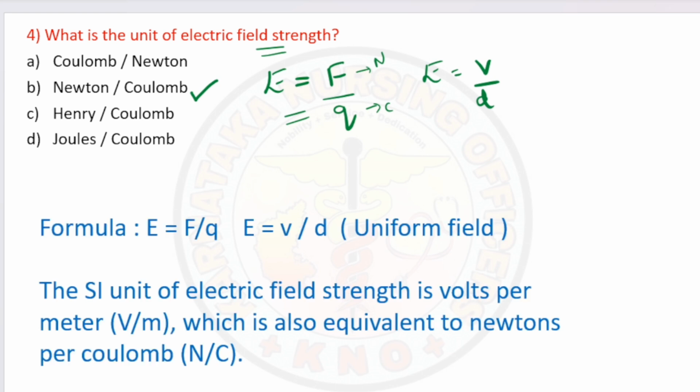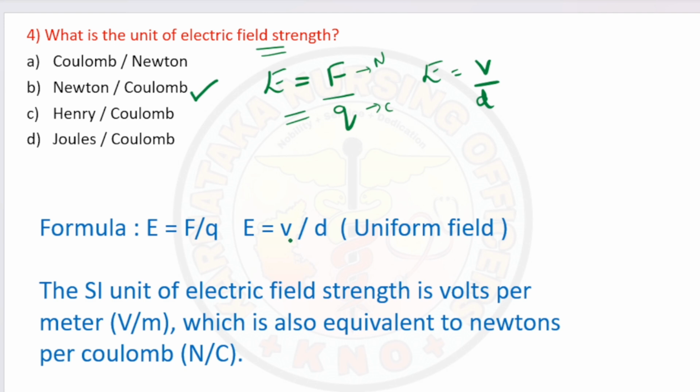See here, the formula to calculate electric field strength is E equals F divided by Q, where F is force and Q is charge. And in a uniform electric field, the field strength is given by E equals V by D, where V is the potential difference, not velocity.